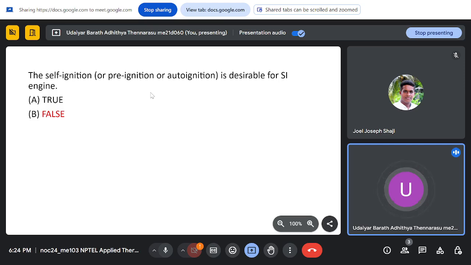That is more desirable in case of a compression ignition engine, because you compress it, and because of the rise in temperature and pressure, the fluid will start combusting itself. But in SI engine, you don't want that. So this is false.